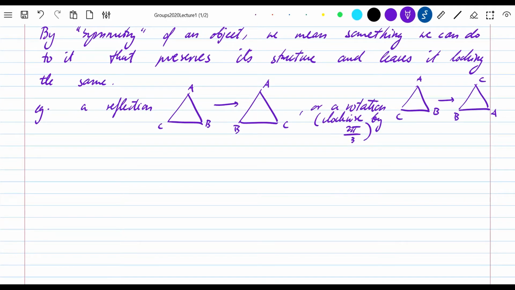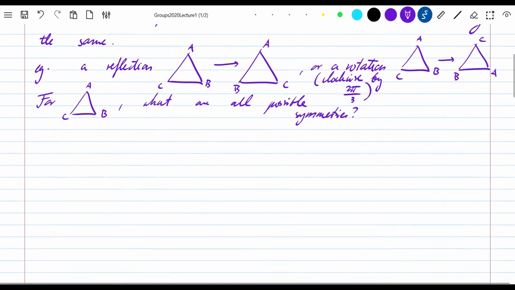Okay, let's explore further. So for our equilateral triangle, let's list all of the different symmetries that we actually have. So what are all possible symmetries? Okay, so, well, we have, first of all, as we said, the do-nothing symmetry.